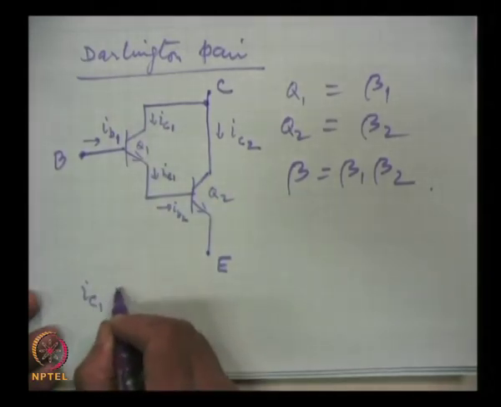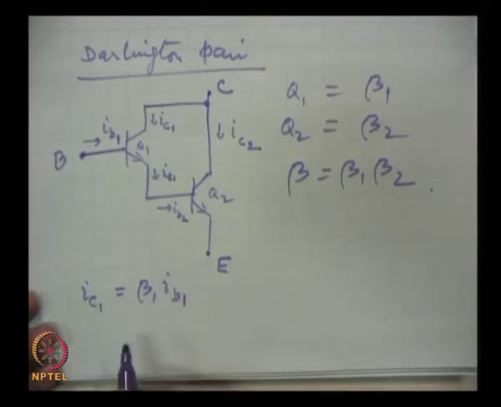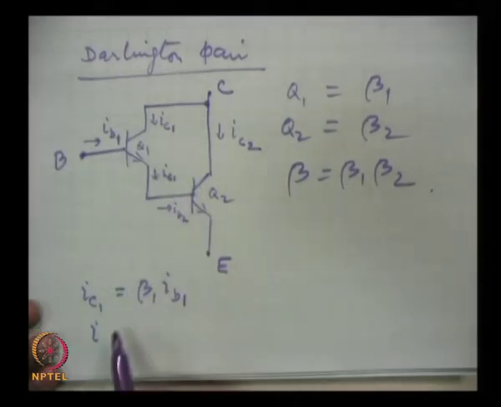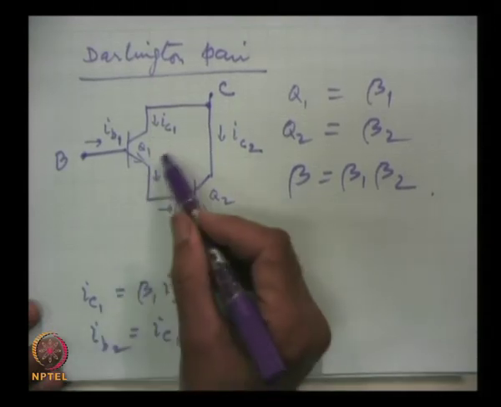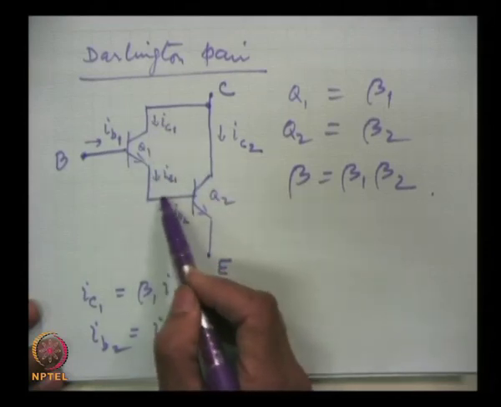IC1, you know it is beta 1 times IB1, and IB2 is same as IC1. This current is the same as this current, and this current is going on.